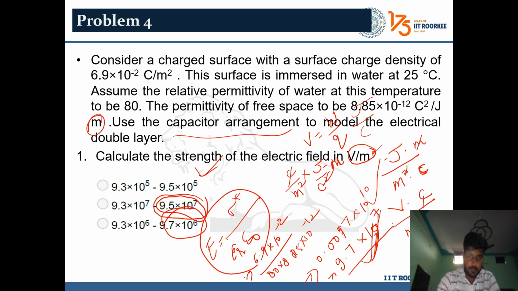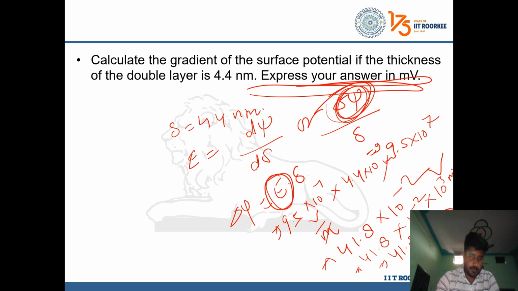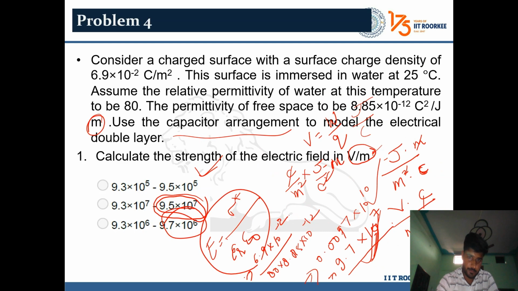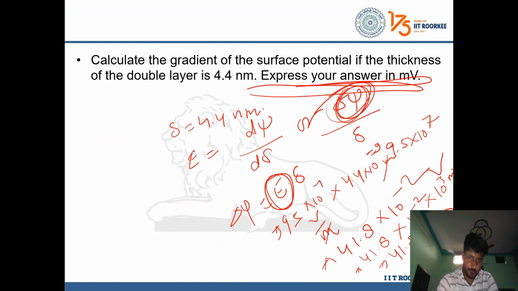So on the basis of this value, you can calculate the gradient of surface potential. 5 × 10^7, raised to minus 9 nanometer.